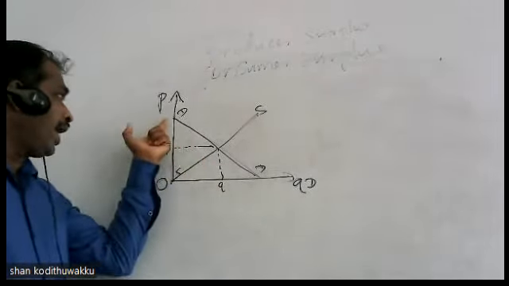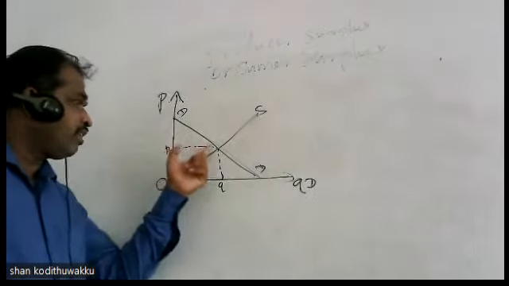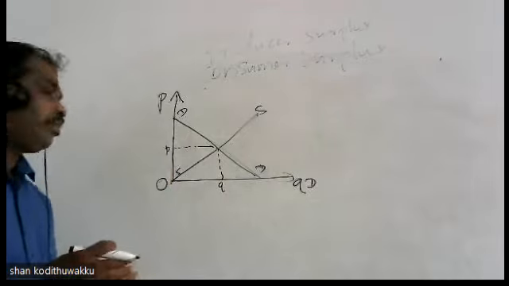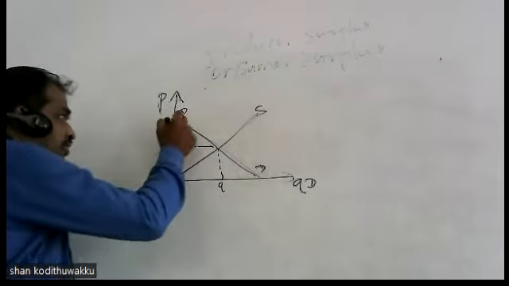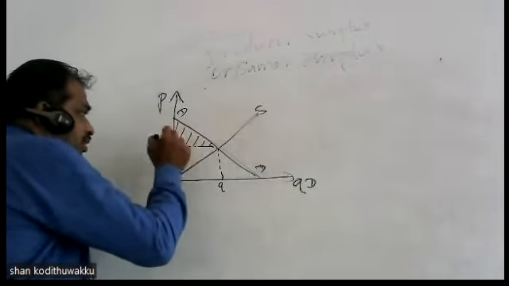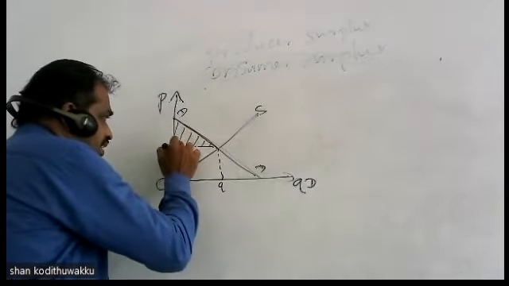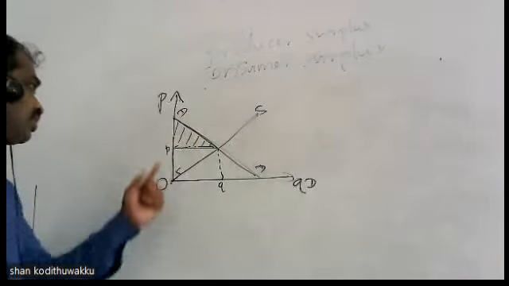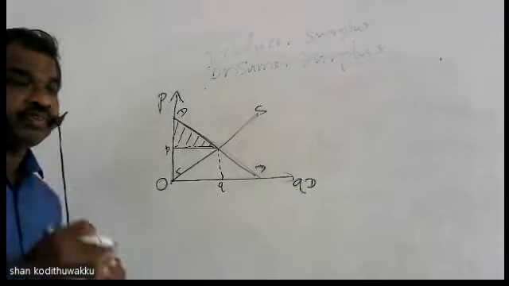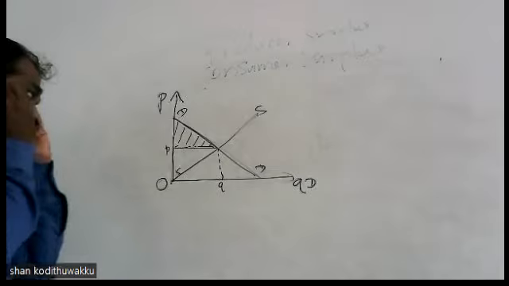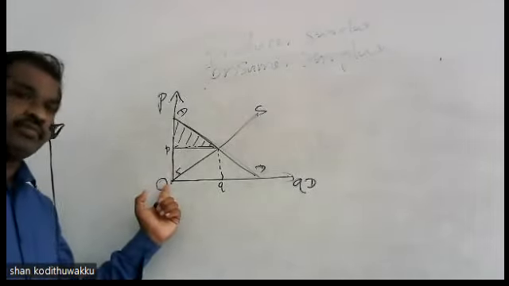Because of market equilibrium, they have to pay this price. So, consumers can save this part. Therefore, this triangle is the consumer surplus.